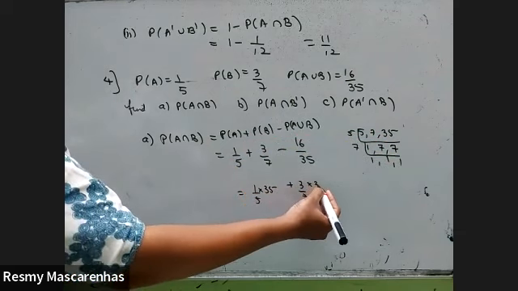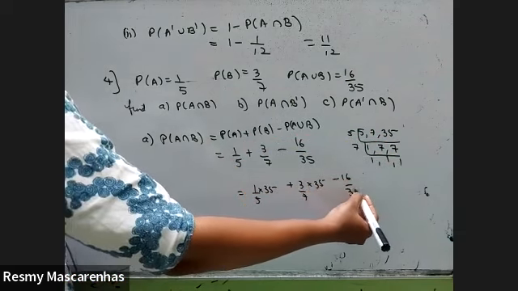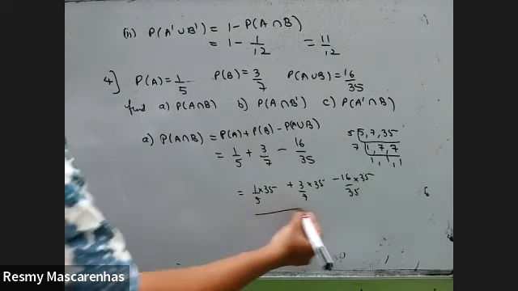So everything you have to make 35. So 3 by 7 into 35. All the terms you have to multiply by 35. Then common number.